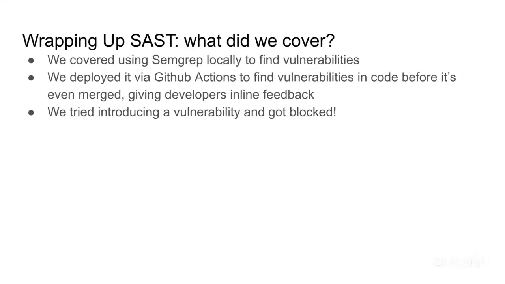In a production setting, we would configure this workflow to disable merges. If there's a vulnerability in your code, we might say, don't allow someone to merge their code if it has more than one vulnerability, even if it has code review approvals from other people.